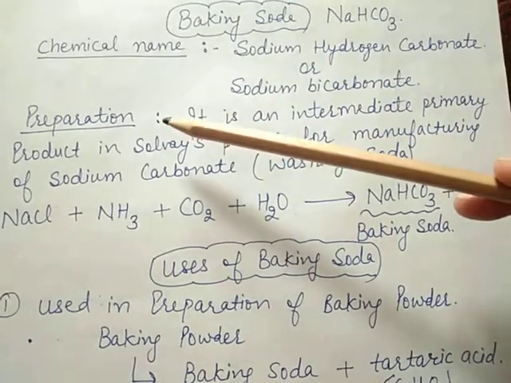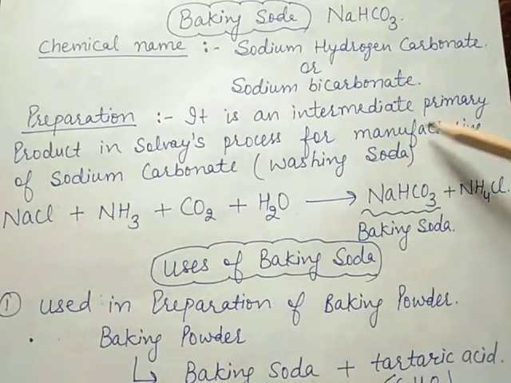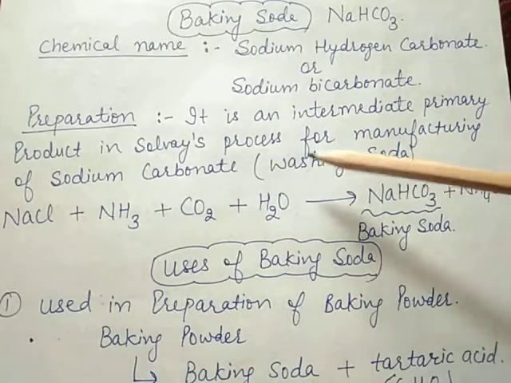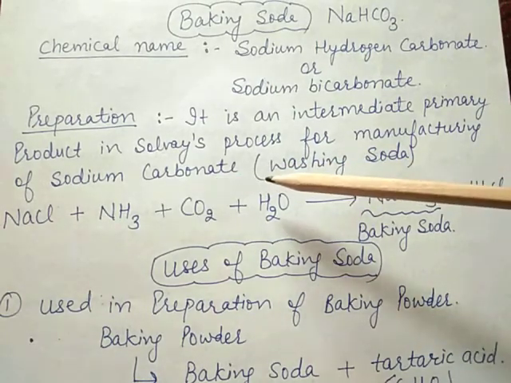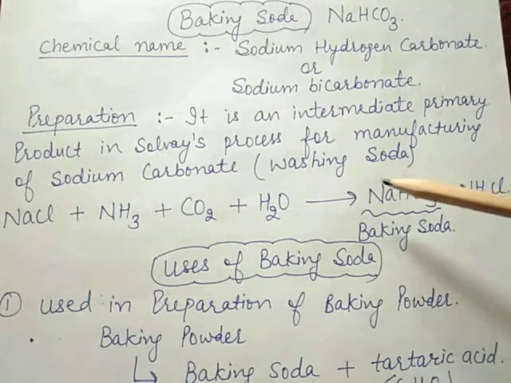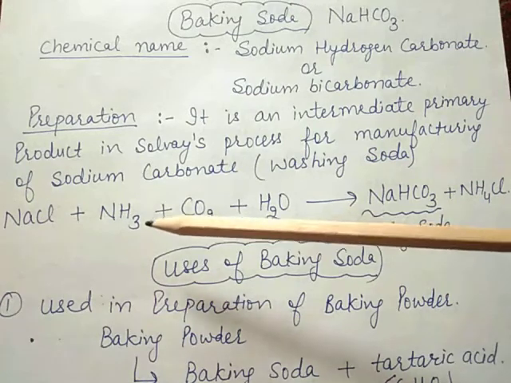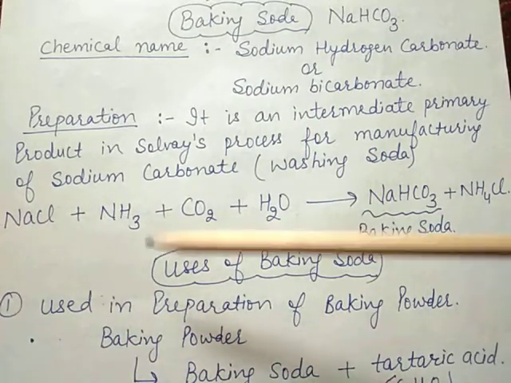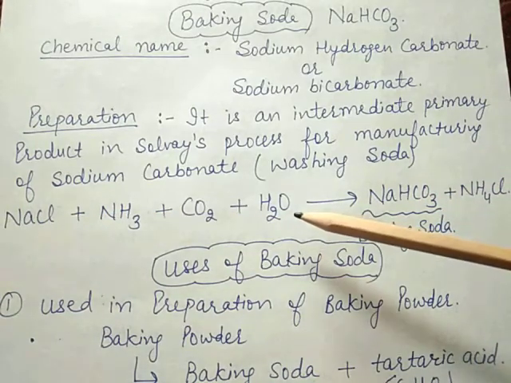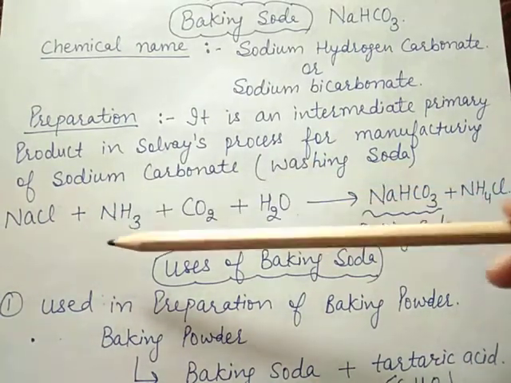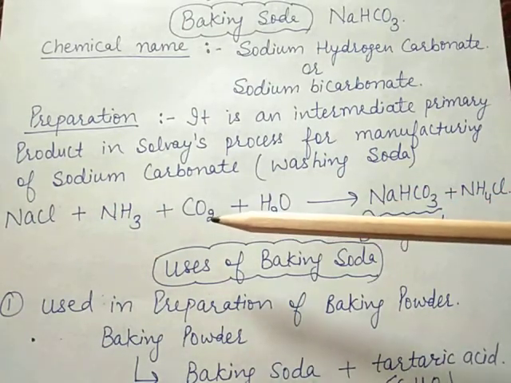How is it prepared? It is an intermediate primary product in the Solvay process for manufacturing of sodium carbonate, which means washing soda. Here, baking soda is first prepared from brine. Brine means NaCl plus water, plus ammonia, and CO2 gas is passed.